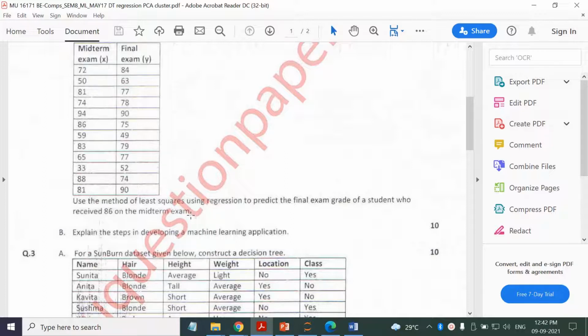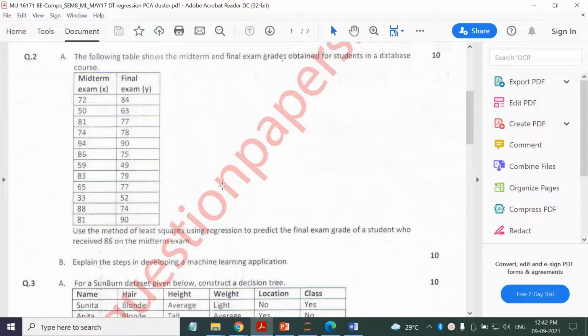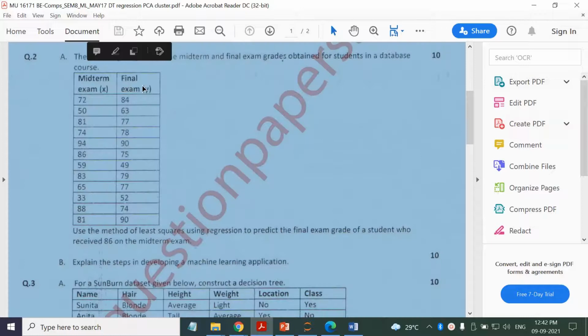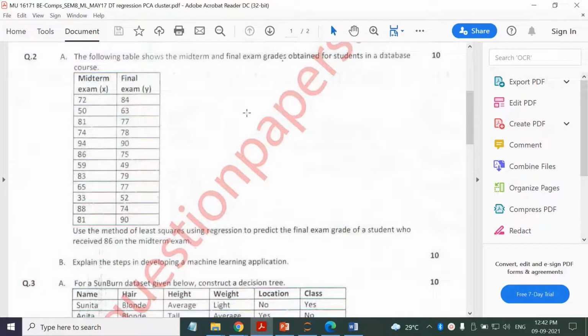So we have to find the regression line equation, and using that linear equation predict the value of y when x equals 86. You have to decide which is the dependent variable and which is the independent variable. So x is the independent variable and y is the dependent variable.